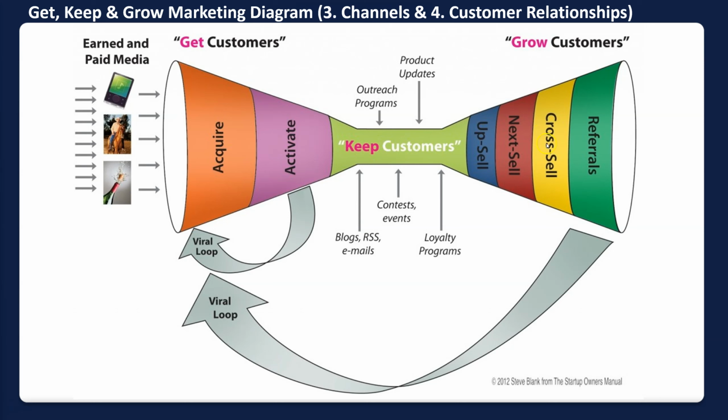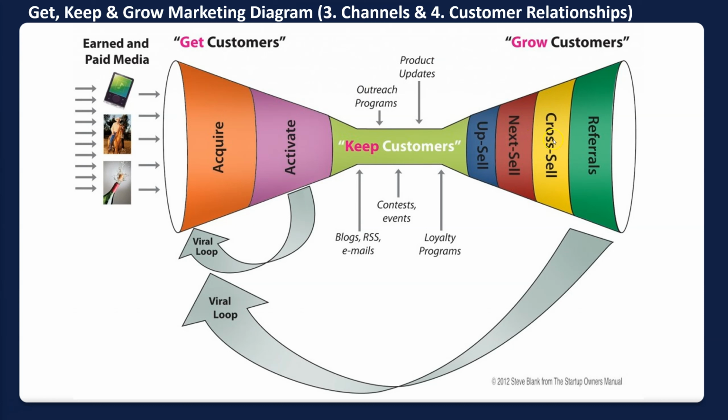Let me just cover what these things mean. Upselling for a donor would be to move a one-time donor to a regular donor, and a regular donor to a major donor. And then a next sell, you have a donor and you invite them to an event, and they also give at your charity auction.